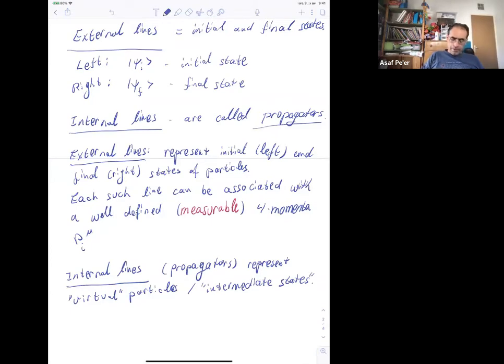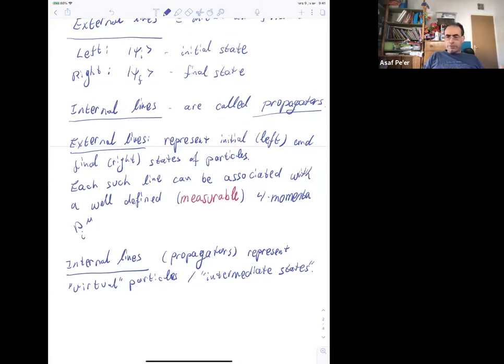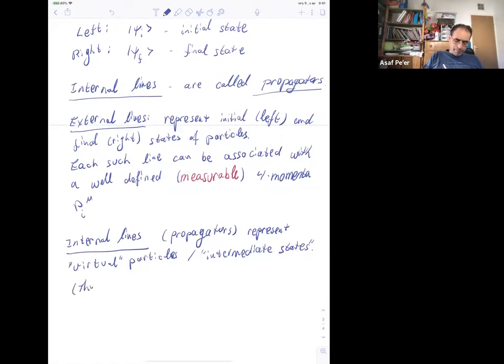Now, the standard notation is to denote the four-momentum by q mu, just to help us distinguish them from the p mu, the four-momentum of the incoming and outgoing particles. However, that's the important thing: we cannot measure it.